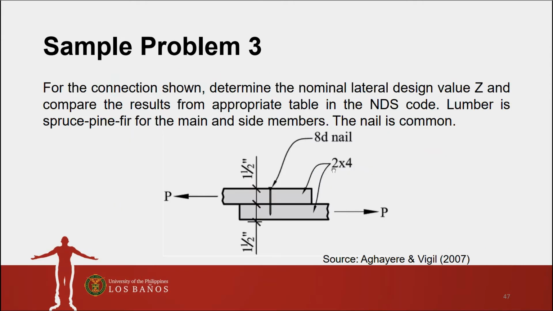For sample problem 8.3, from the connection shown, determine the nominal lateral design value Z and compare the results from the appropriate table in the NDS code. So lumber is spruce pine fir for main and side members, and the nail is common.